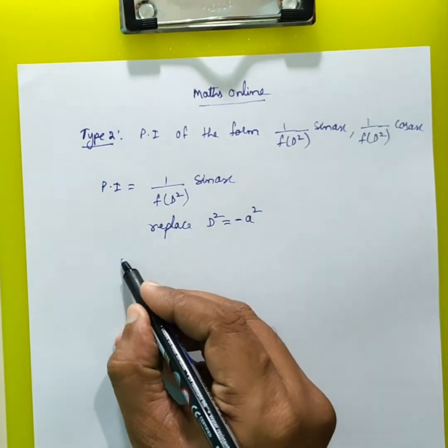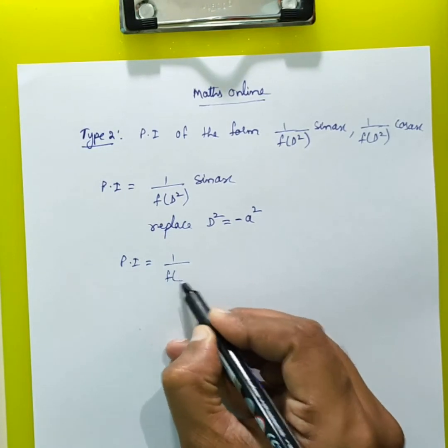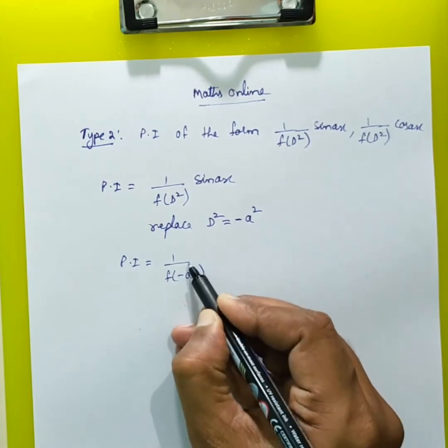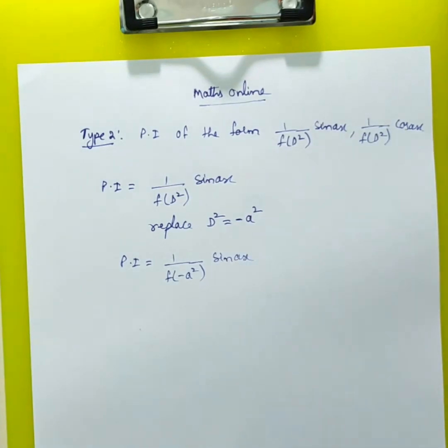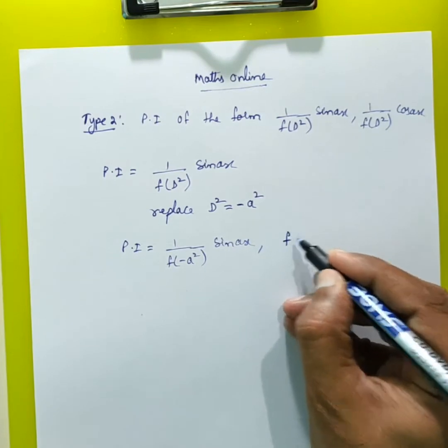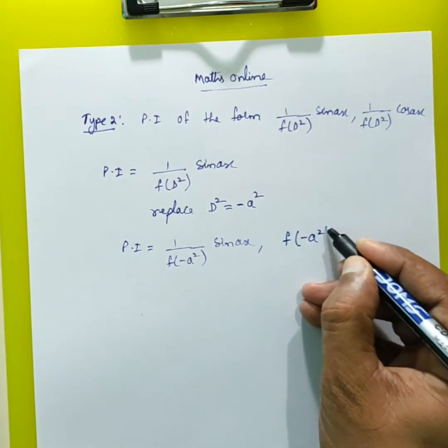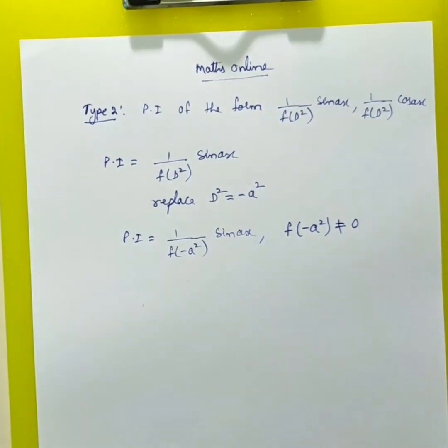So this will be equal to 1 by f of minus a square into sin ax, provided that this denominator is not equal to 0, f of minus a square is not equal to 0.